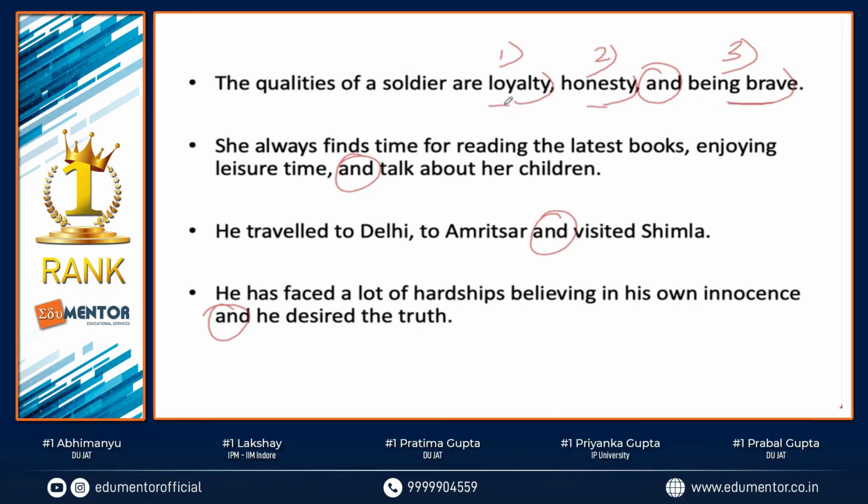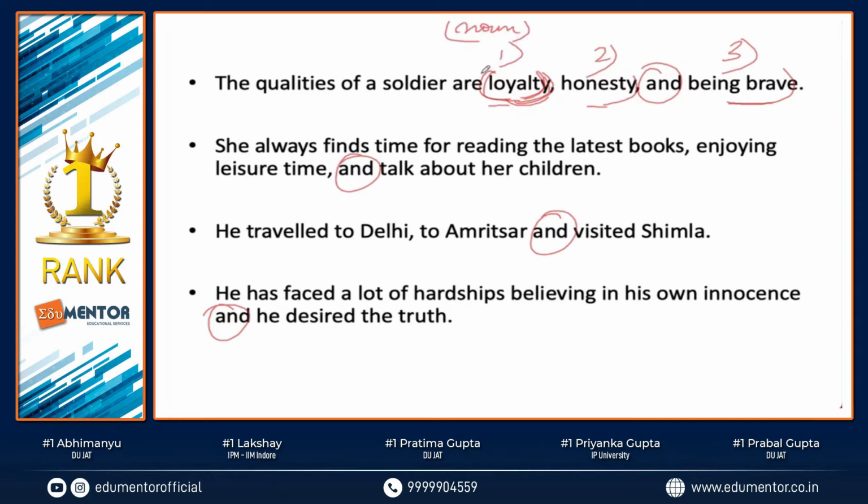So the first clause, the quality of a soldier is loyalty. This particular clause is expressed using a noun. So loyalty, as far as the parts of speech are concerned, is a noun. So we have the first clause expressed using a noun.